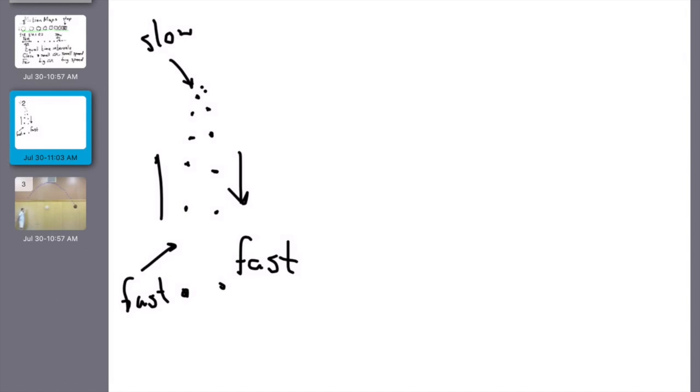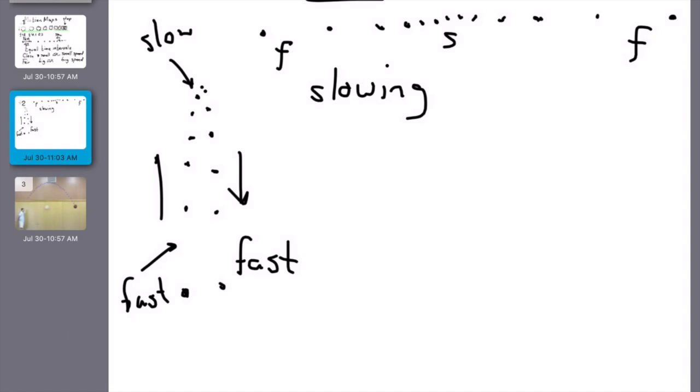How about this? Okay, that's something that's slowing down. So fast, I'll just put fast, slow, fast. So slowing down here, assuming it's moving to the right, I should put an arrow in there.